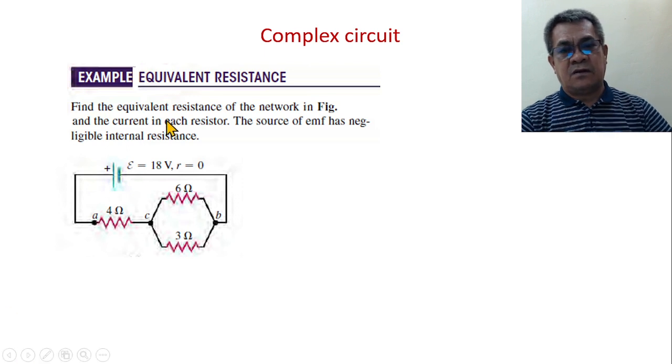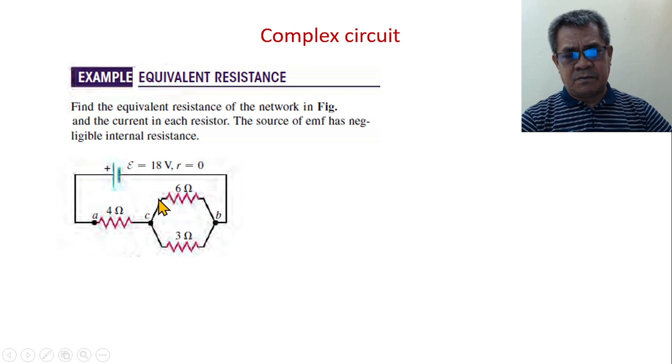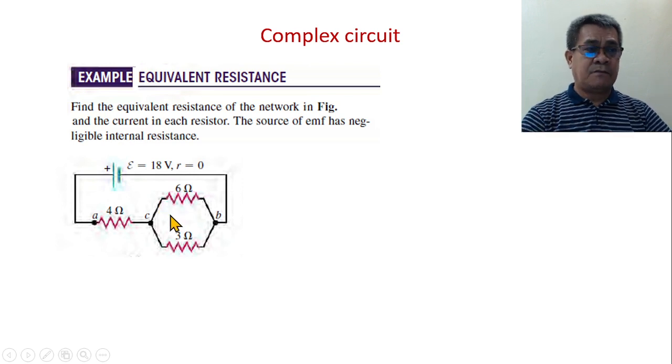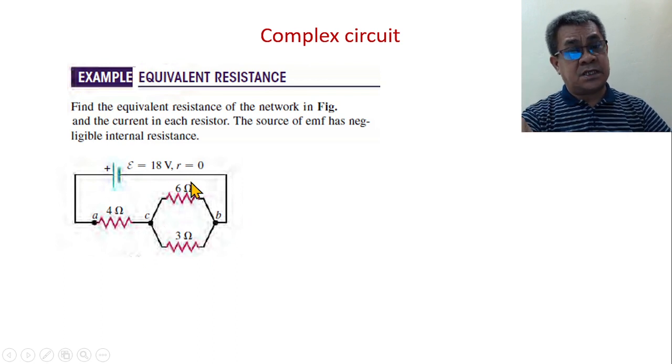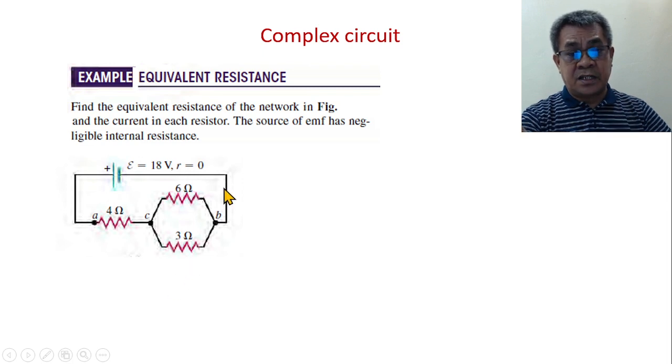Now, if you will solve this problem, you have to convert this into a simple series or maybe a simple parallel. Look at the problem. 6 and 3 are parallel, which means that we can combine these two and make it one.